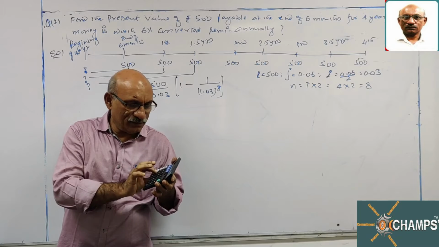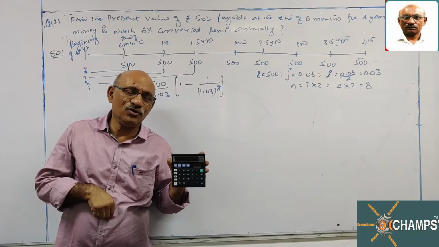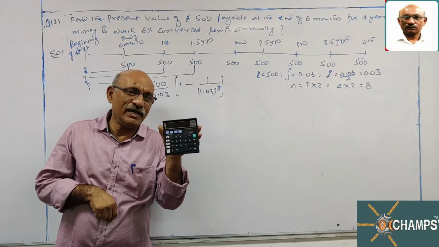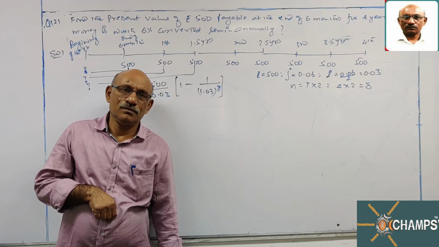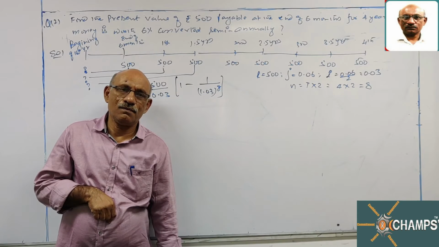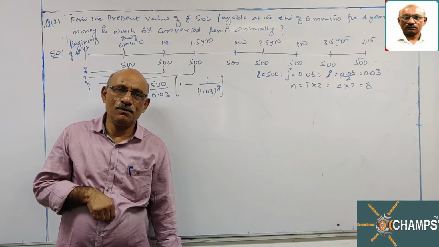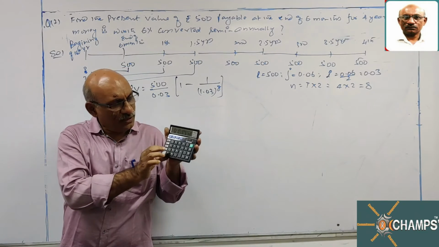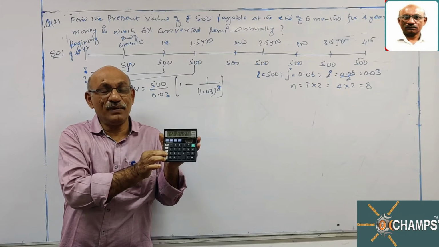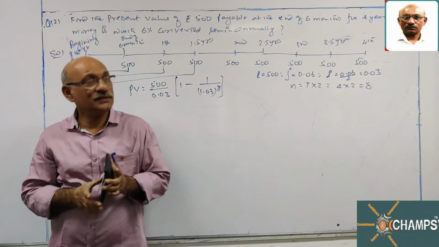Then it should be subtracted from 1, which is not possible on the calculator, so minus 1. Then instead of showing a positive value, your calculator is showing a negative value. So that negative sign I have to eliminate. Press the plus oblique minus button. The minus sign is eliminated.